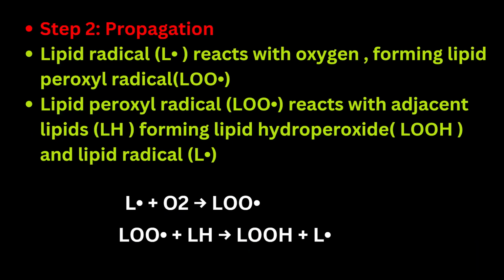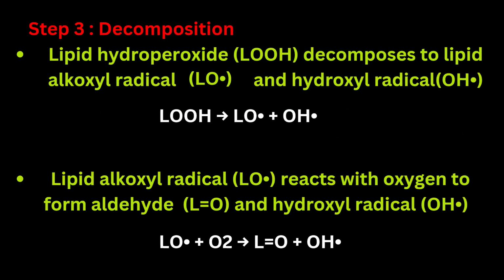In the second step, that is propagation, the lipid radical reacts with oxygen forming a lipid peroxyl radical, and this lipid peroxyl radical reacts with adjacent lipids forming lipid hydroperoxide and a lipid radical. Lipid hydroperoxide is more reactive than the lipid radical.